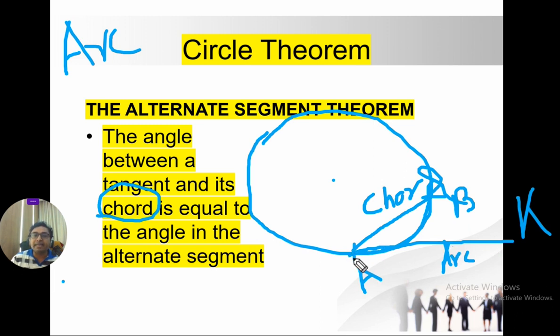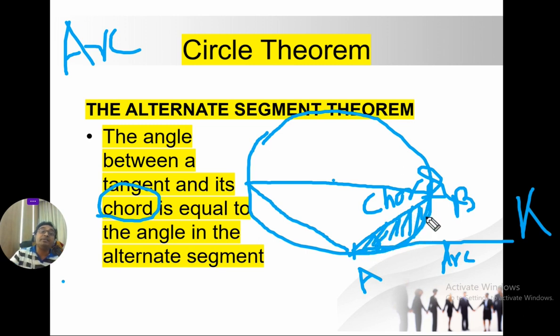So, the tangent and the chord is having an angle. Clear? The angle between the tangent and the chord. It has certain values. Now, the same chord AB can subtend angles on the alternate segment. What is alternate segment? This is the minor segment.